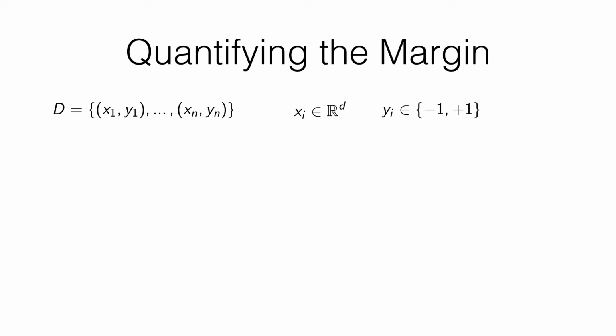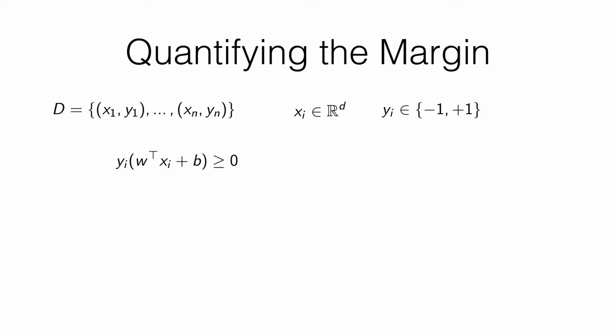So the negative class is going to get -1, and the positive class is +1. So this is a convenient way to write things because then we can say that correct classification is characterized by this inequality, which says that yi times our weight vector dotted with the data example plus some bias term has to be greater than 0.